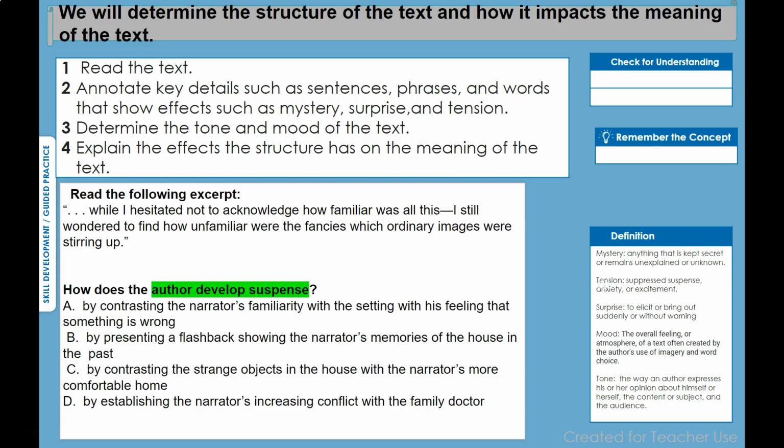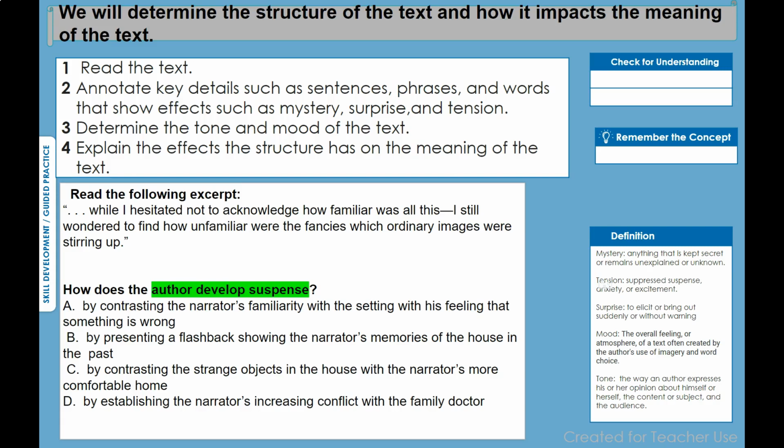And that accident is creating a feeling of tension within you. Then we know that it is through the author's description of the events. That's a structure: description. It is through this structure, his usage of description, that it created that feeling, that effect within us.